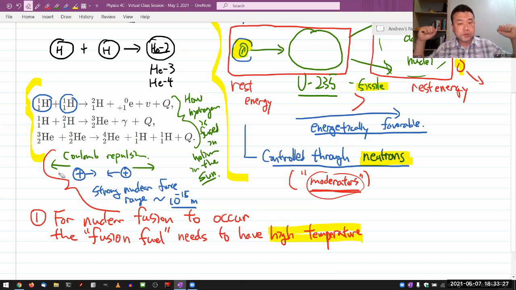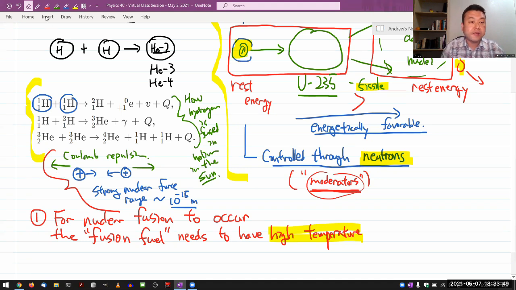If they happen to be coming toward each other with the wrong velocities, as in they're slightly missing each other, then it's quite easy for them to not come as close as they can, kind of miss each other. So there's quite a set of circumstances that needed to happen right.